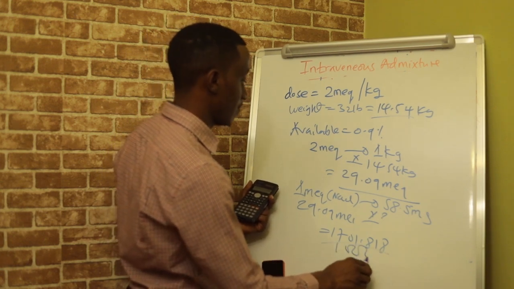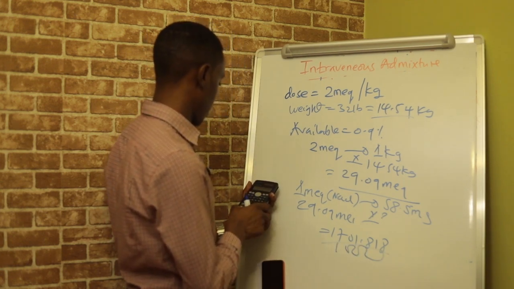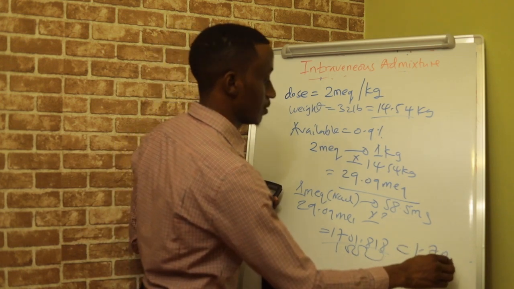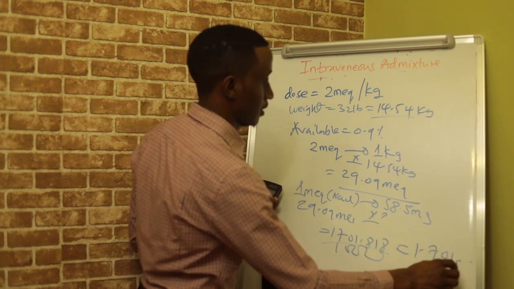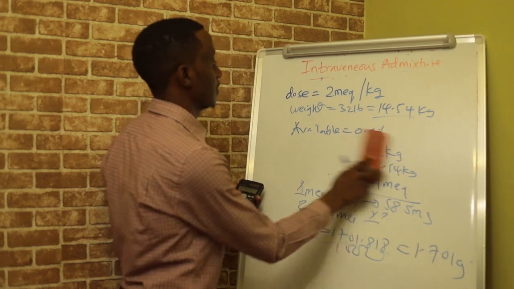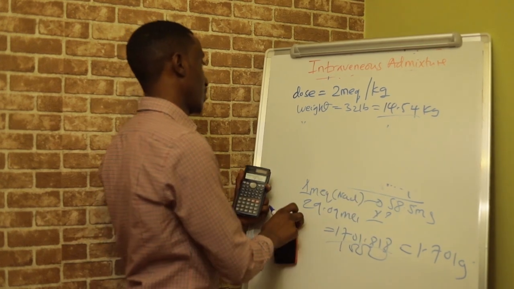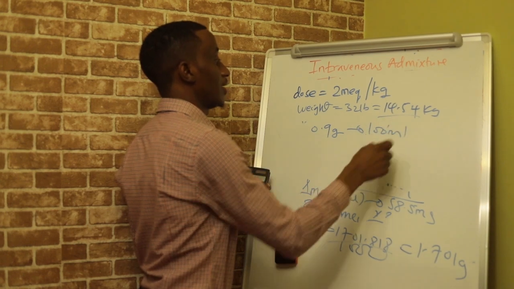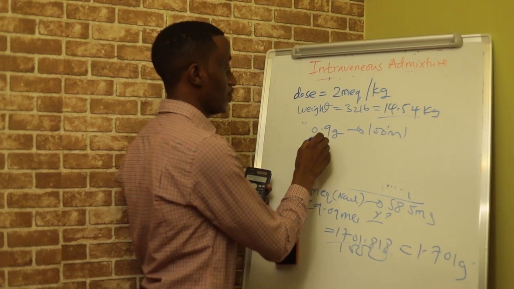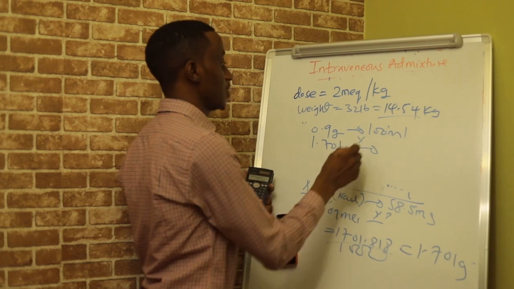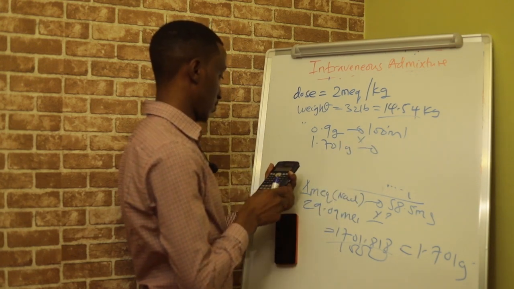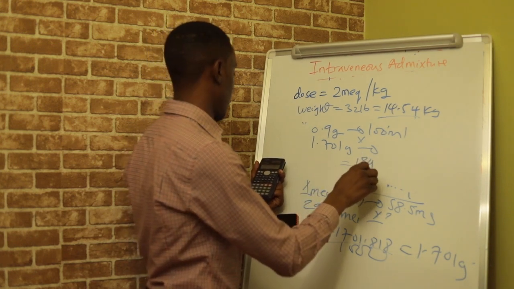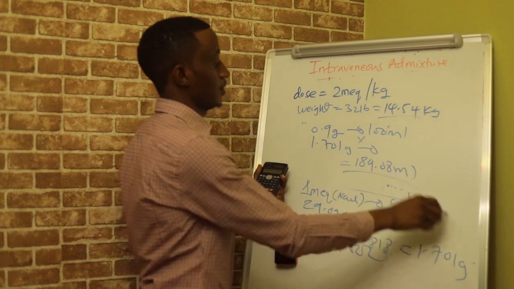To obtain grams, divide by 1,000. Then that is 1.701 grams. Having known that, from the injection available, which is 0.9 in concentration of 100, so what about 1.701 grams? This will be found in how much? Then that is 189.08 mils.